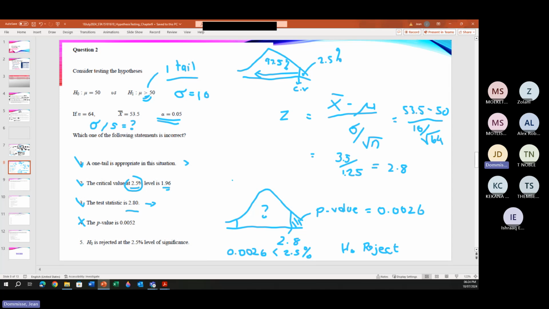It's a lot. I think one of the most difficult chapters is this study unit, because it combines study unit 6, 7, and then a bit of study unit 8 into this new concept that is hypothesis testing.